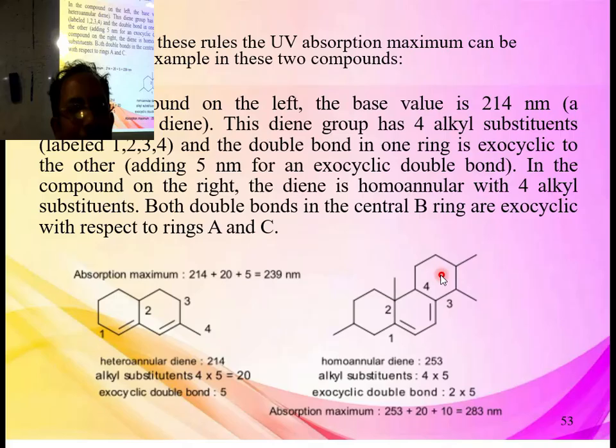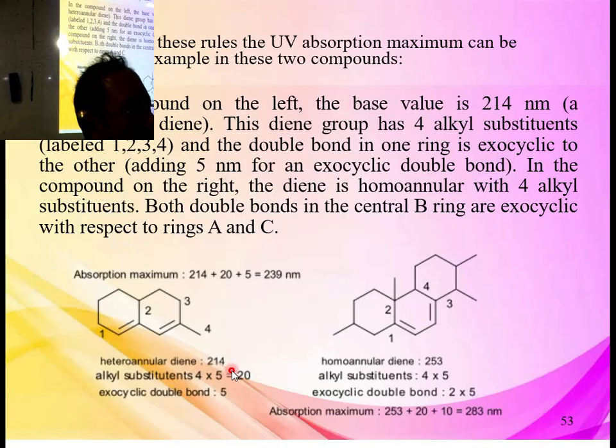This one is called homoannular diene, where both the double bonds are in the same ring. Here the base value is 253. For heteroannular it is 214, and for homoannular it is 253.